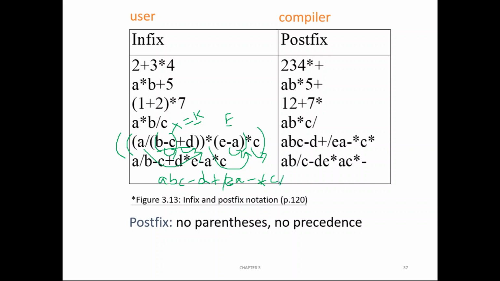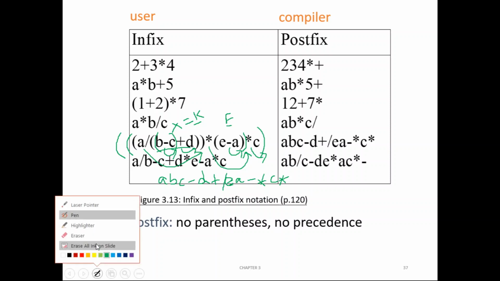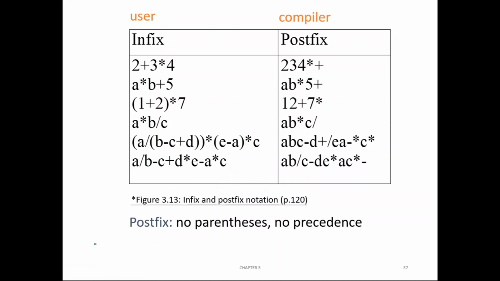So that is how you got this. As the expression becomes bigger, you should be very careful about applying the associativity and precedence rules. You can try how it is calculated and check with this.